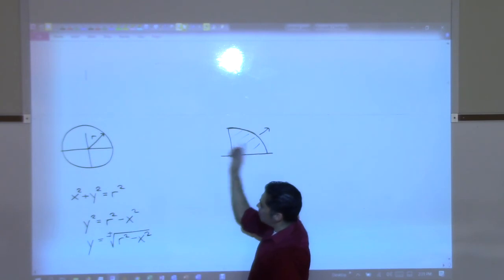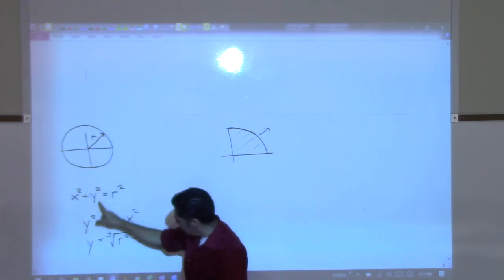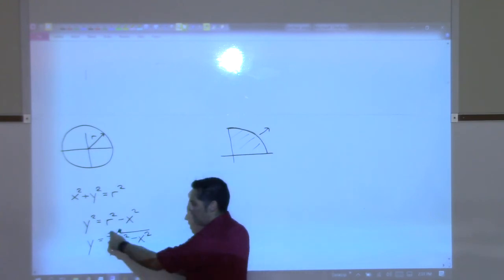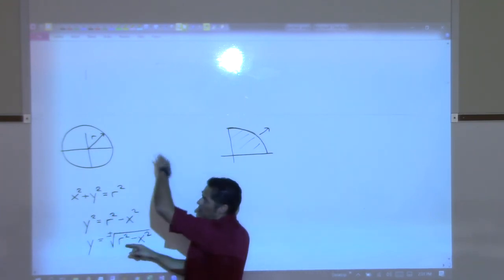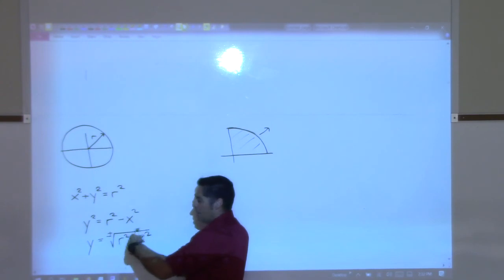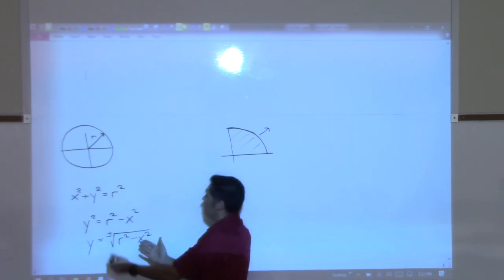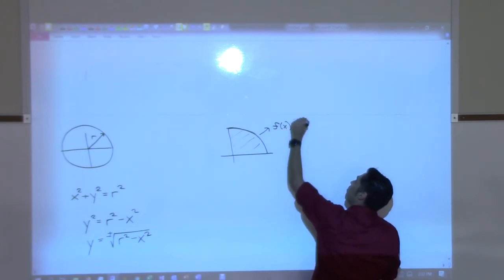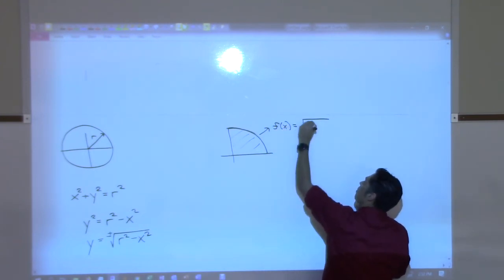It's the top corner of this circle, right? Which we said is y equals this, but only the positive part, because the positive part draws the top half, the negative draws the bottom. So isn't this the function? Yes, sir. Okay, so this is f of x equals the square root of r squared minus x squared.